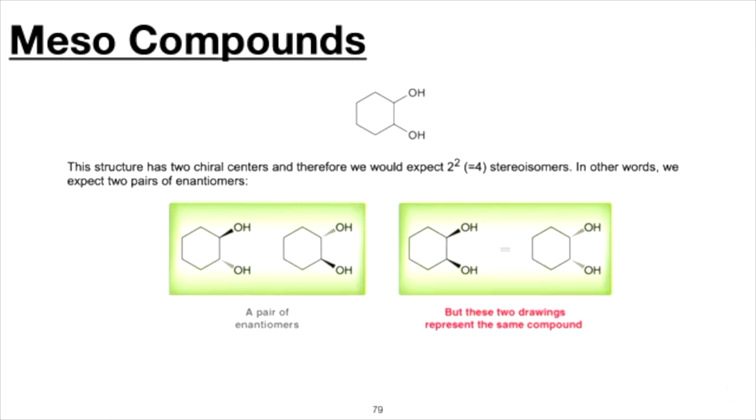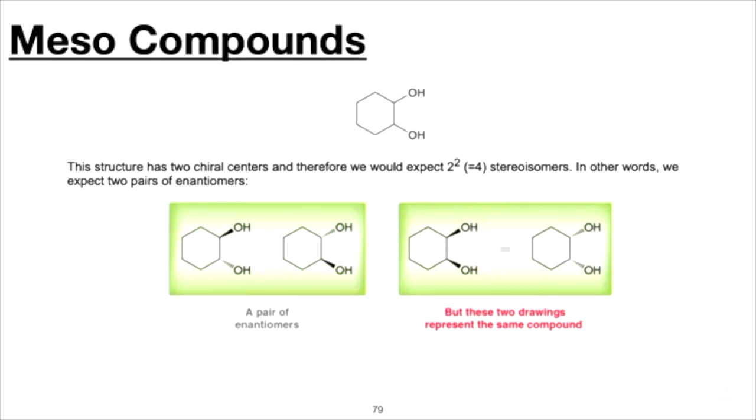Here you have four possible stereoisomers. You have a pair of enantiomers where one oxygen is up and one is down, and you have a pair of enantiomers where both are up or both are down. But I want you to picture the isomer where both are up in your mind right now.